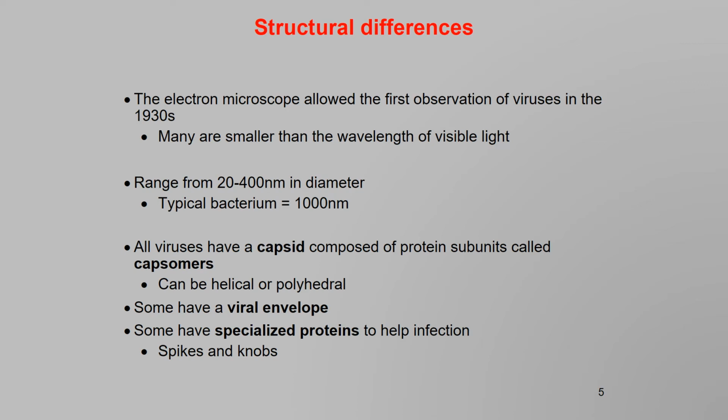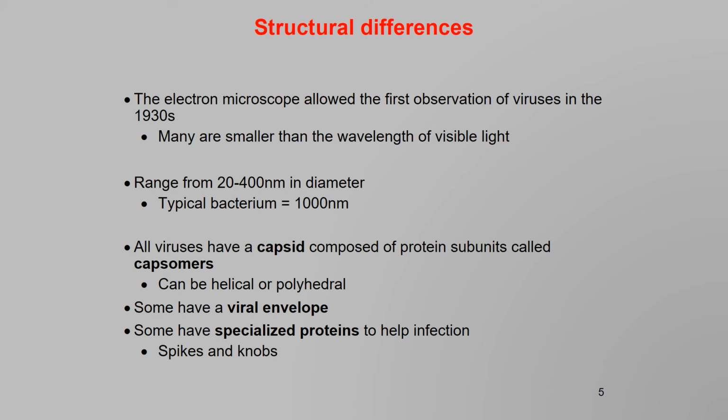In 2014, there was a large virus isolated that is actually 1.5 micrometers, so it's in the bacterial size range, and it was unearthed under some permafrost, and is estimated to be 34,000 years old.